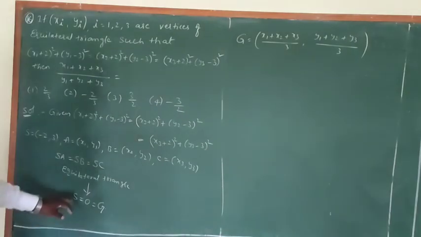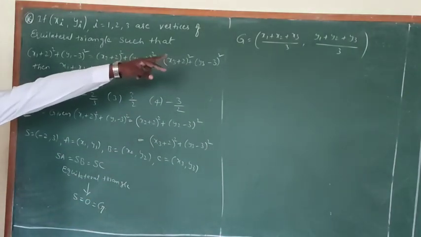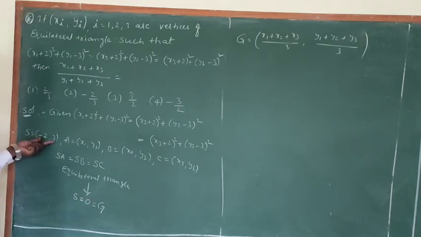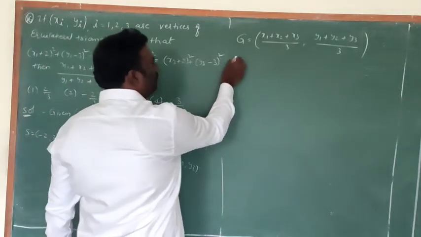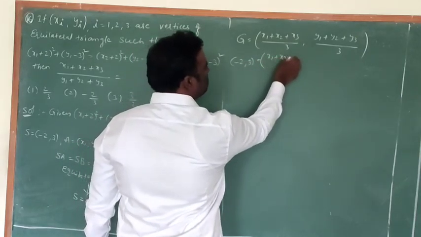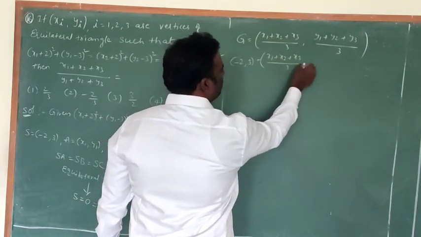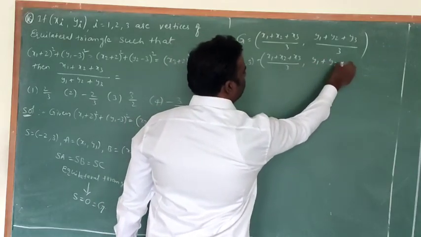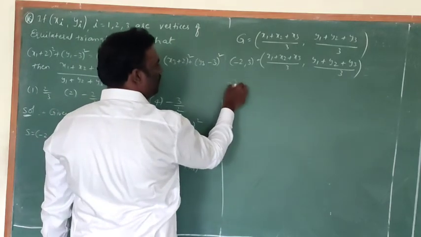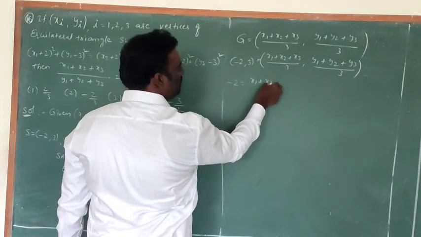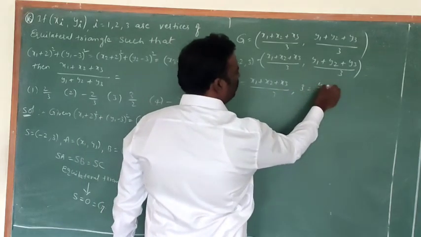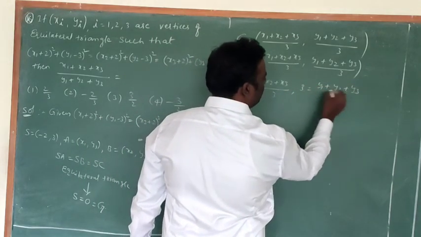Why? Because of these three, G is very easy to find. But here the G value, O value, S value are the same. In place of G, what can I write? Minus 2 comma 3. Minus 2 comma 3 is equal to x1 plus x2 plus x3 by 3 comma y1 plus y2 plus y3 by 3. Now equate: minus 2 is equal to x1 plus x2 plus x3 by 3, 3 equals y1 plus y2 plus y3 by 3.